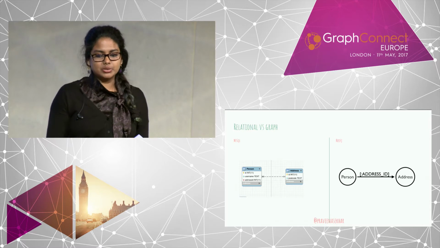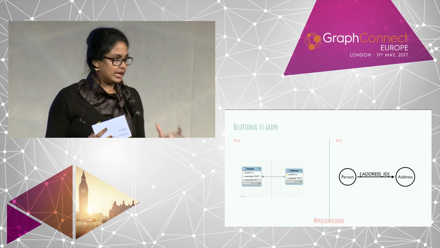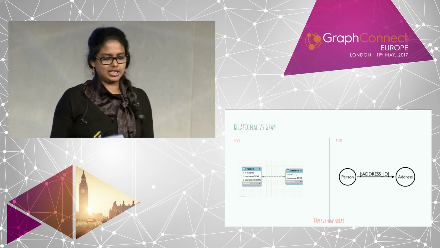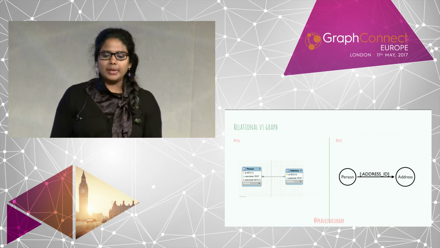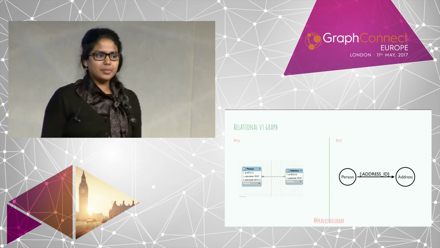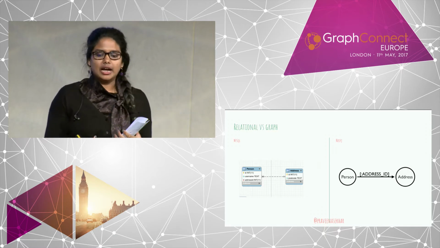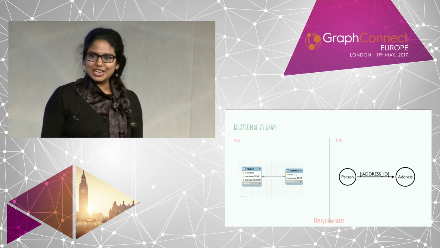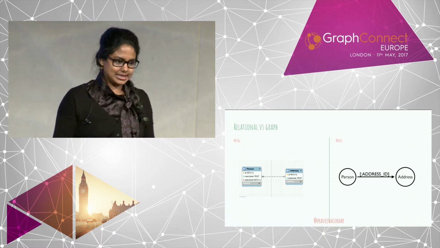So let's look at the different types of modeling you would do in a relational database, for example, MySQL, and how you would do it in Neo4j. In MySQL, if you have a person who lives at a certain address, you would have a person table. For the sake of simplicity, let's assume that the address ID is actually on the person table itself.